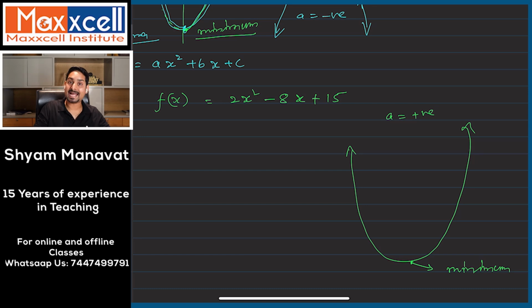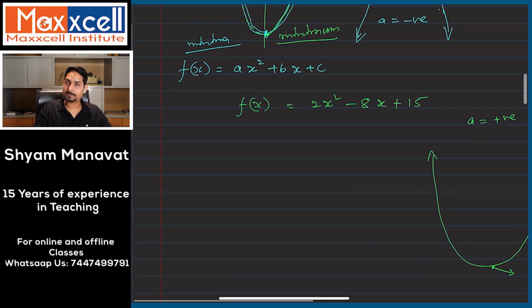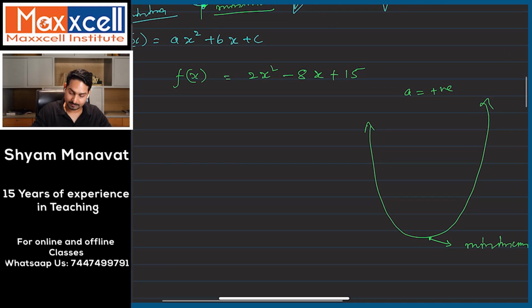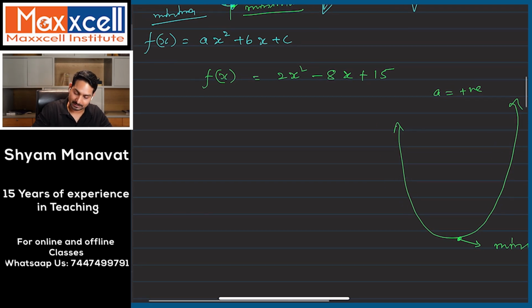And the minimum will be at what point? At what value of x? At the minima of x. Okay. So for minimum, what will it be? Minima. Clear? Clear till here? Now, if you remember, while plotting the graph we understood the coordinate of the vertex. We have discussed the vertex. This is what?